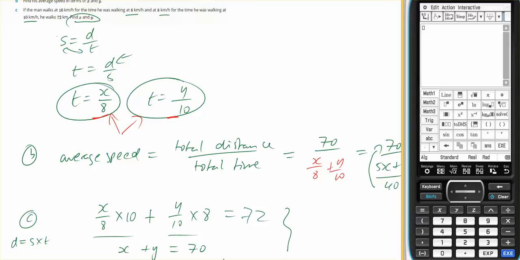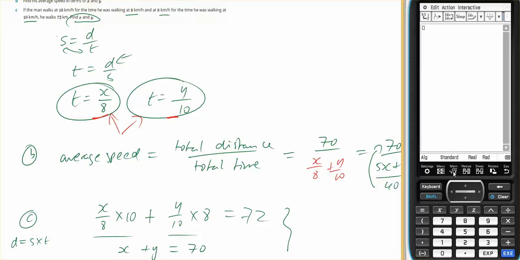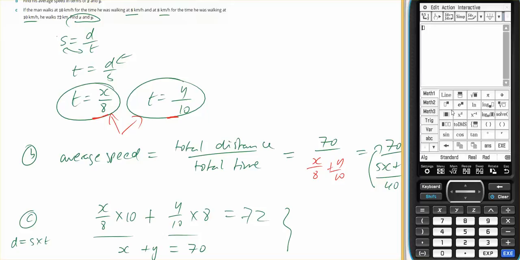So I'm going to employ the aid of my calculator. I'm going to go to main, then go on keyboard, click this symbol, maths1, and click the simultaneous equation symbol. I'm going to enter this directly on the calculator.